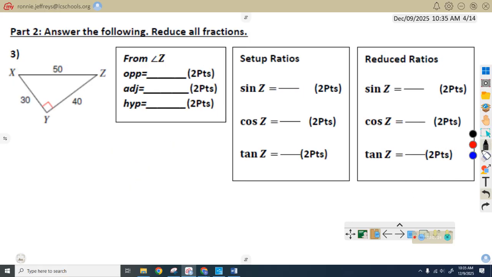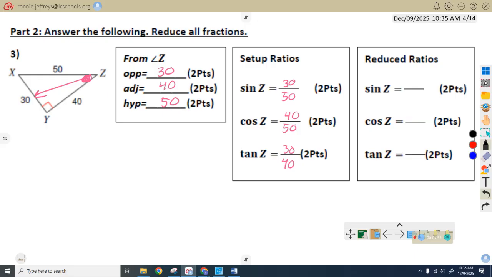All right, part 2, we're looking from Z. That means my opposite is 30. My adjacent is 40. My hypotenuse is 50. All right, now, it is a setup of ratios.